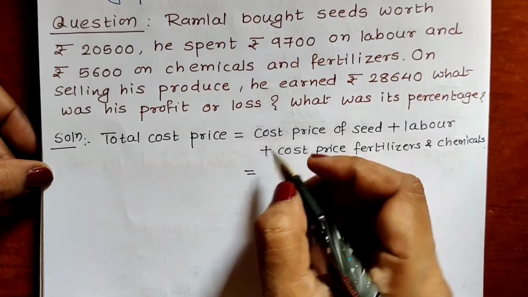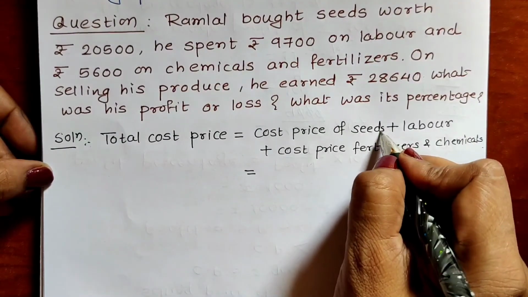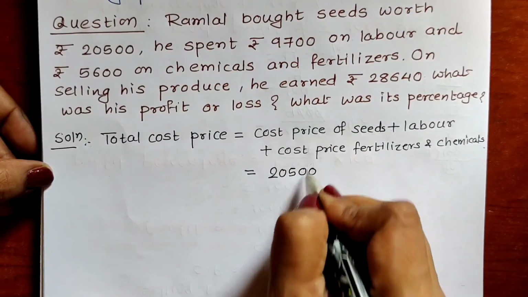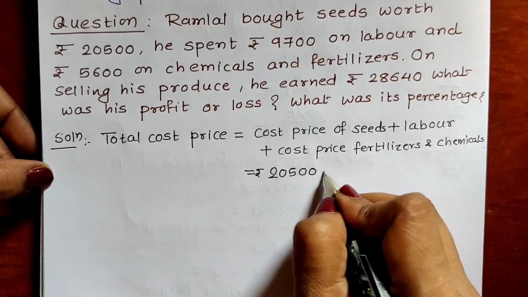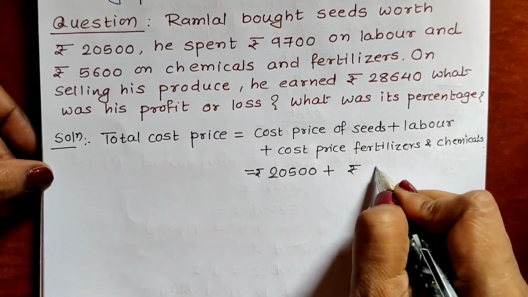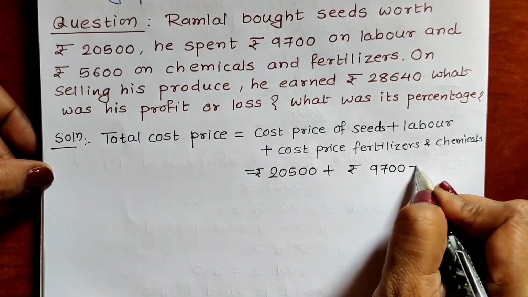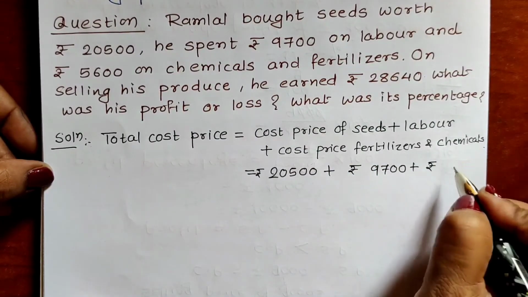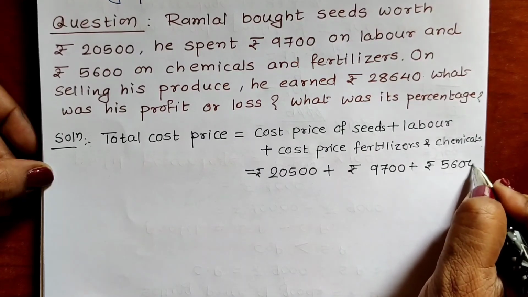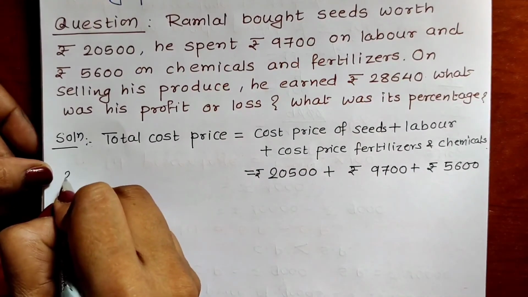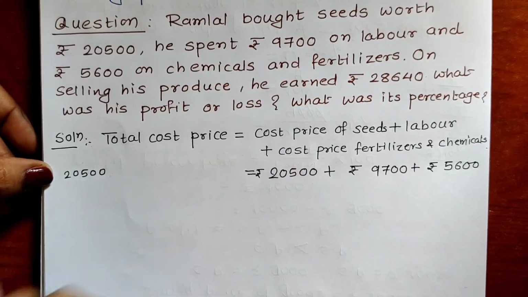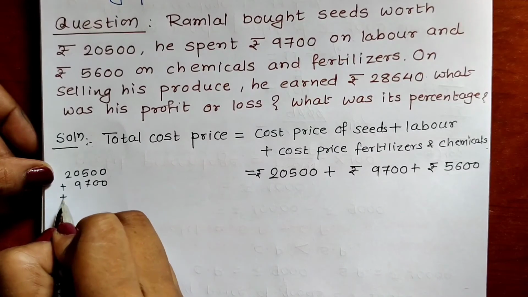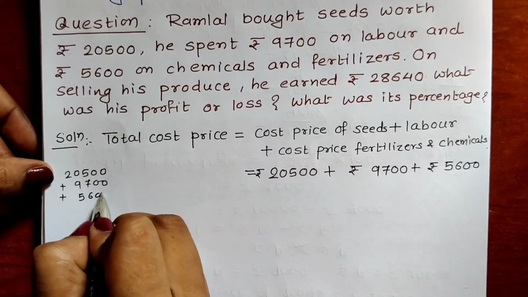So cost price of seeds is 20,500 rupees, plus labor is rupees 9,700, plus cost price of fertilizers and chemicals is rupees 5,600. Let us add 20,500 plus 9,700 plus 5,600.